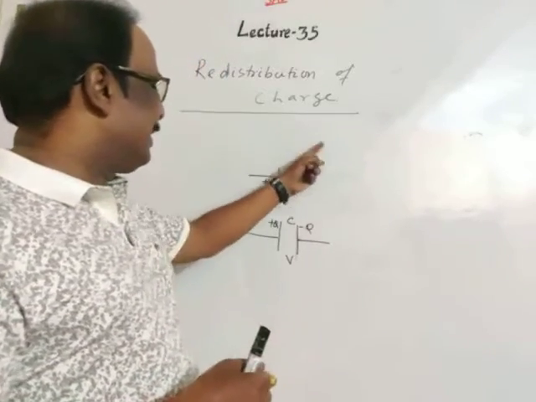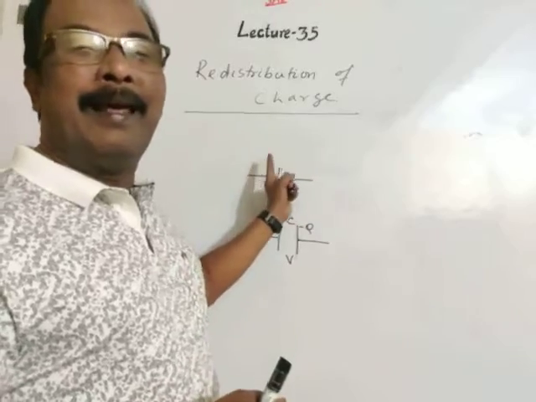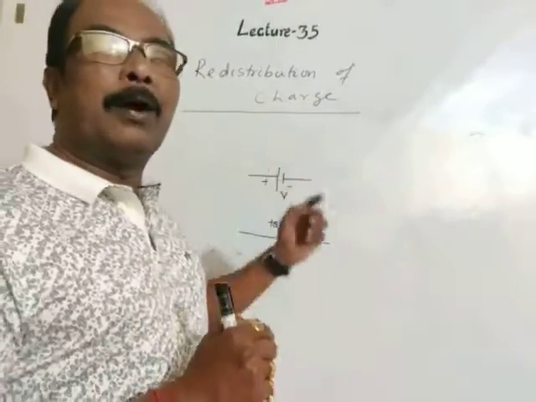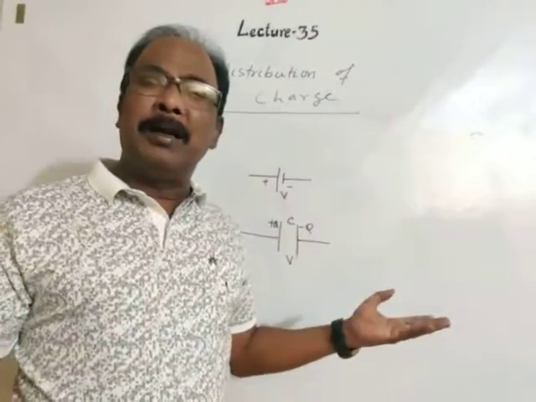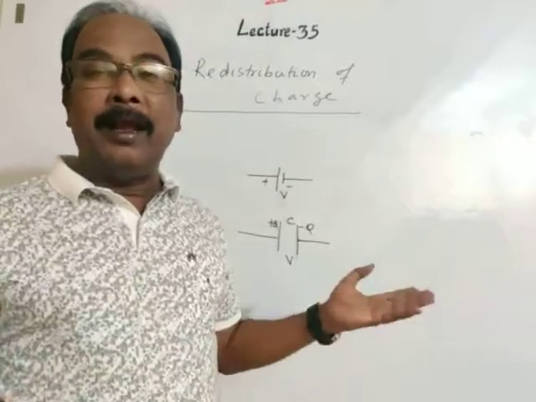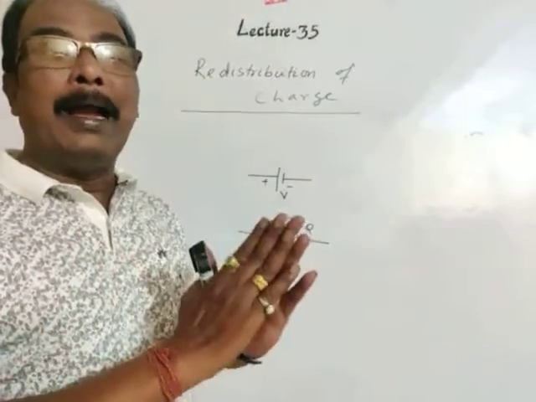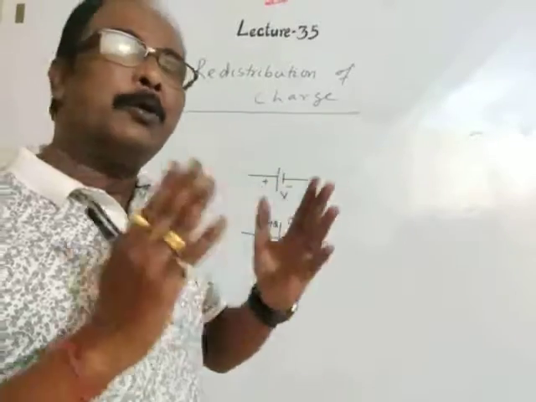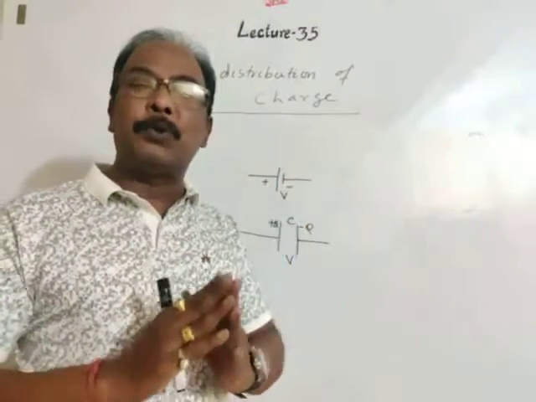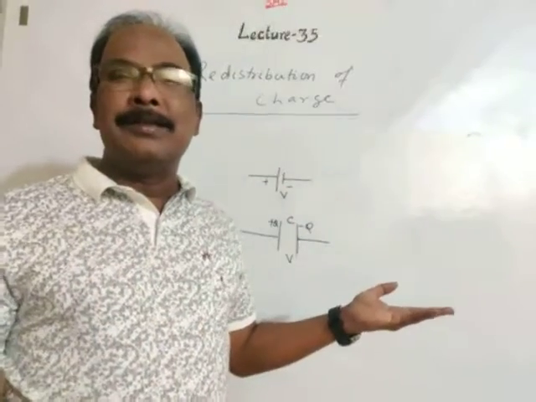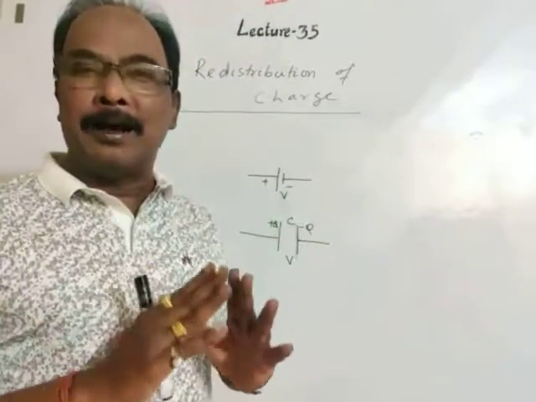When connected between the terminals of a cell, free electrons tend to move from low potential to high potential. Since their number density is very high, the electrons collide among themselves and with positive charges and atoms, and as a result energy is lost.